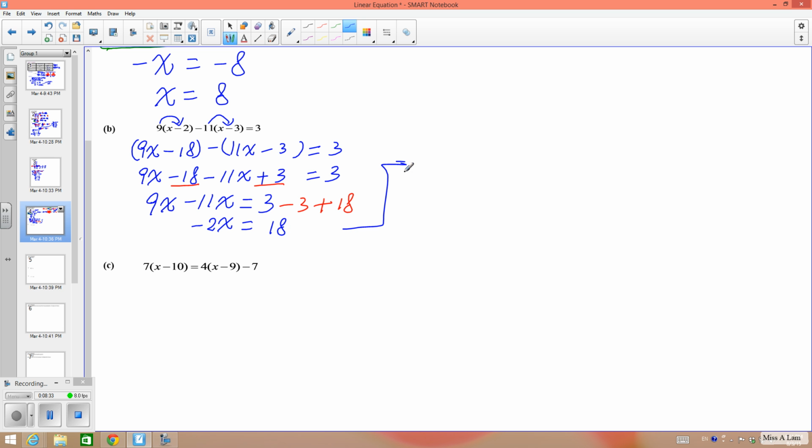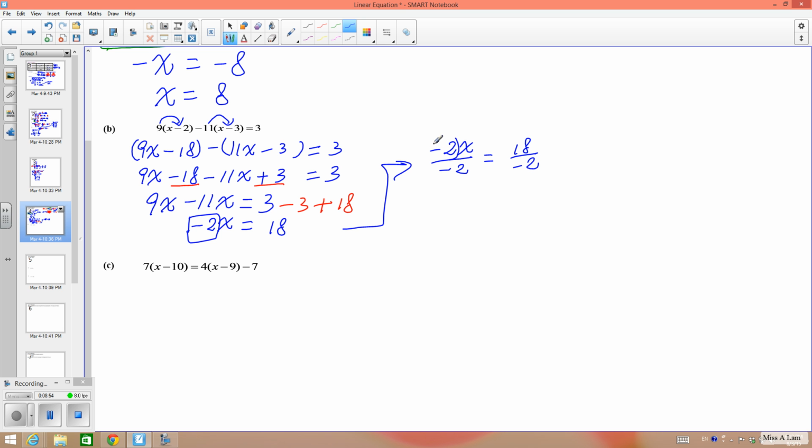And then in this case, this is minus 2 times x, a number times x, equals 18. Therefore in this case we divide both sides by minus 2.